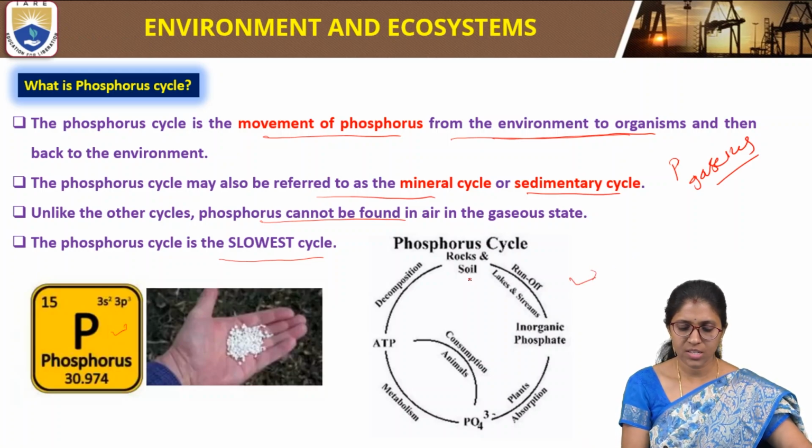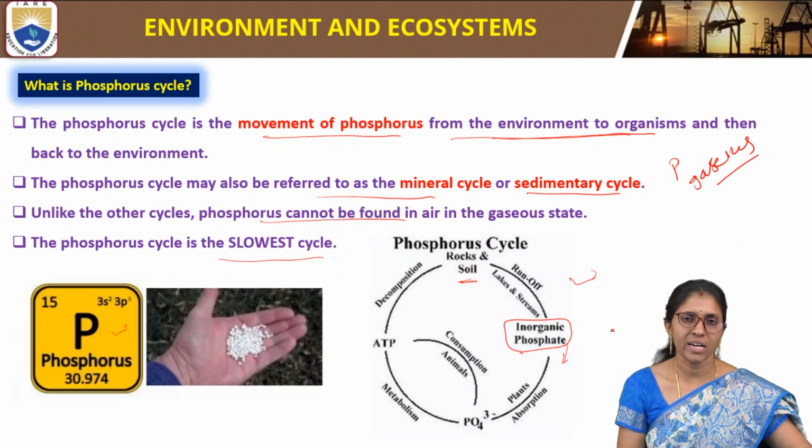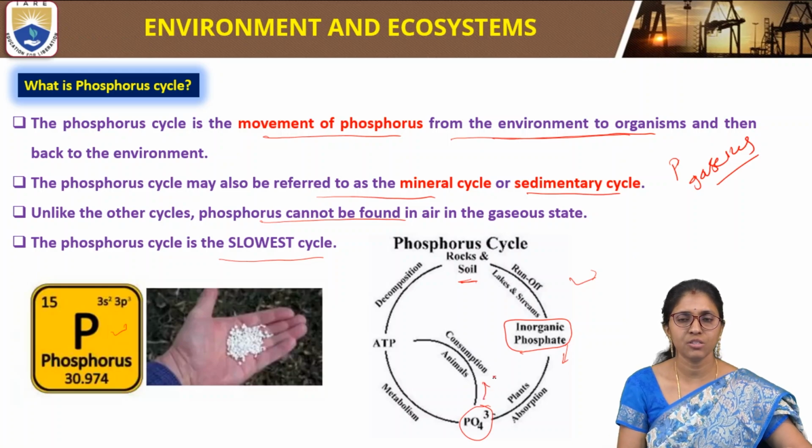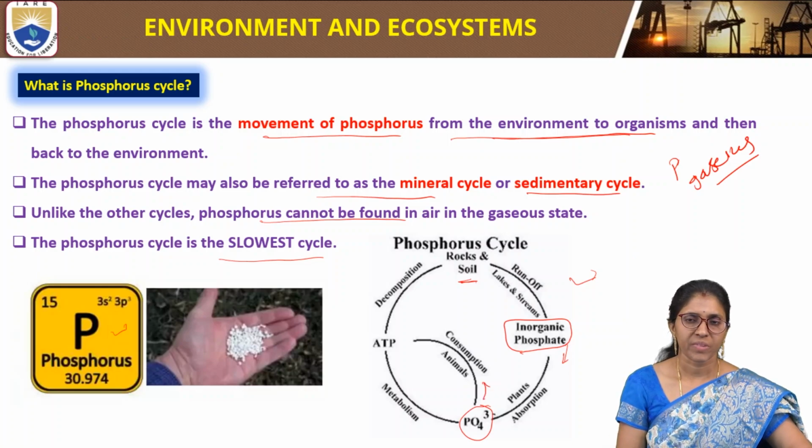In the phosphorus cycle, phosphorus is weathered from rocks and soil, and through the runoff of lakes and streams, it forms inorganic phosphate. This inorganic phosphate is absorbed by plants and trees, which are consumed by animals, and finally it forms ATP, adenosine triphosphate.